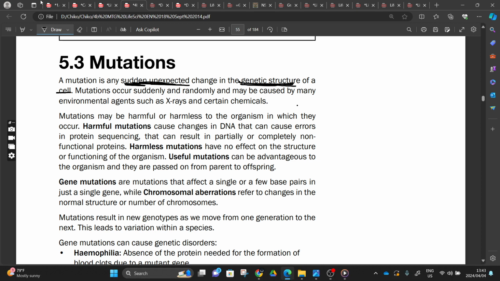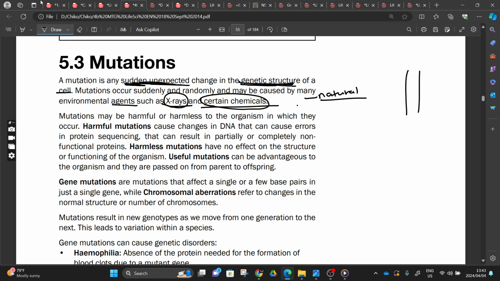I talked about this. Mutations occur suddenly and randomly and may be caused by many environmental agents such as X-rays and certain chemicals. And then this mutation can occur naturally, like a chromosomal mutation, because of non-disjunction, right? That was the natural mutation. Or it can also be caused by X-rays or certain chemicals at a gene level.